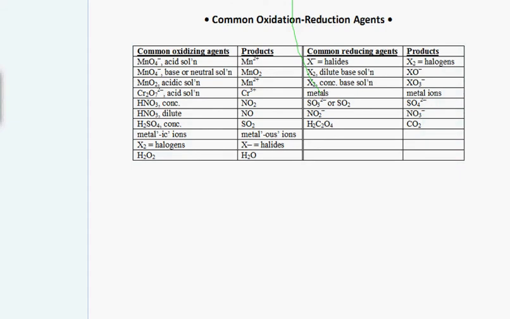If you take a look at this, what you are going to see is that 1, I accidentally drew a line on it, and that 2, we have a division going right down the center, where over on the left-hand side, we have common oxidizing agents. These are all carrying a species that is going to be reduced. And on the right side are the products that they would turn into.